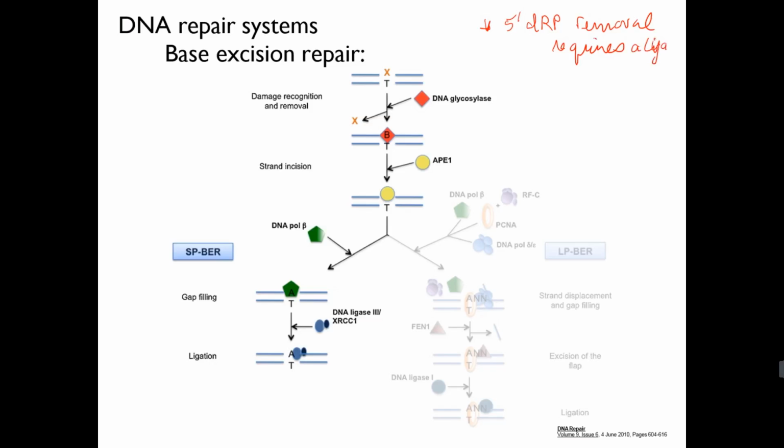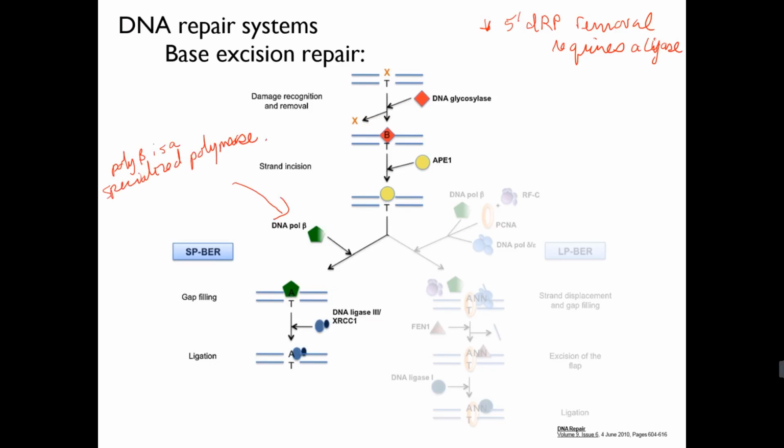And in eukaryotic cells, the lyase functionality is actually provided as part of a DNA polymerase called DNA polymerase beta. And it's depicted here. Okay, so pol beta is a specialized polymerase.